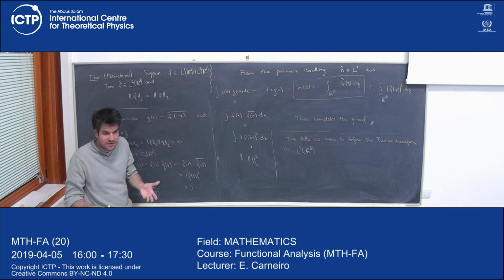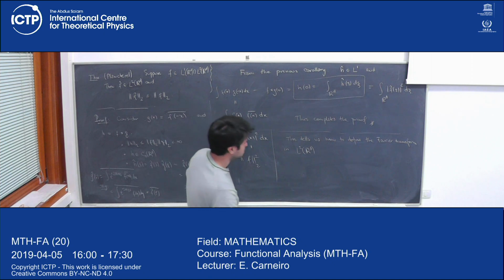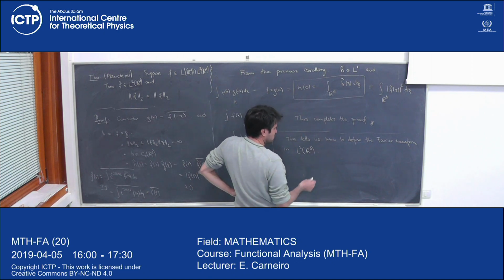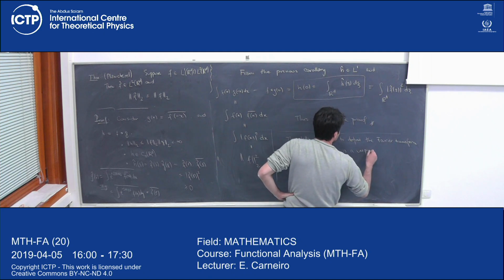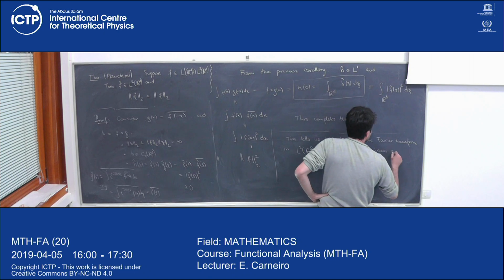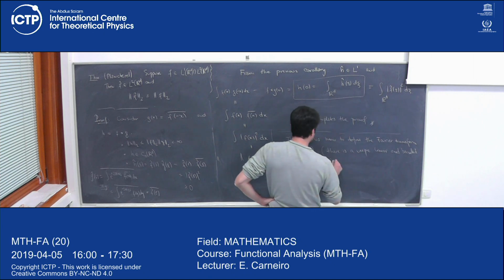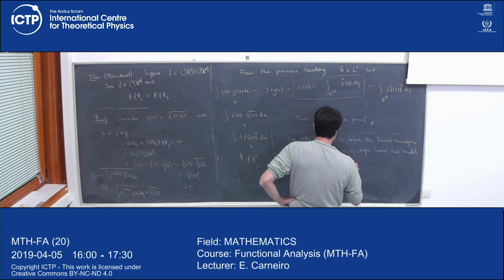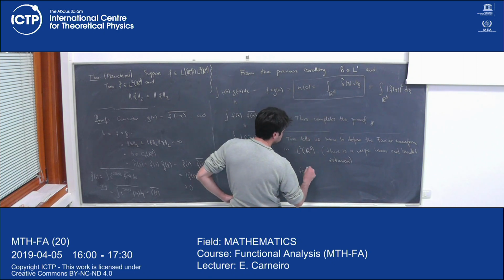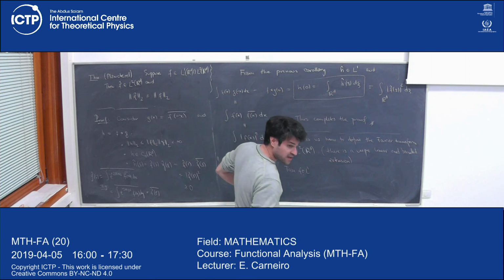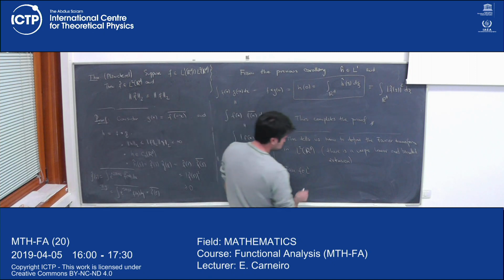To extend it, there's a unique linear and bounded extension to the whole L2, right? The way you do it is that you take f in L2, and you define it as the limit of functions in your subspace.